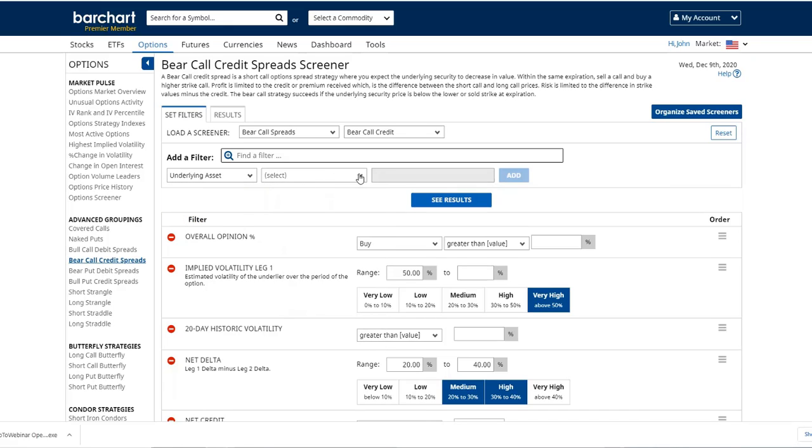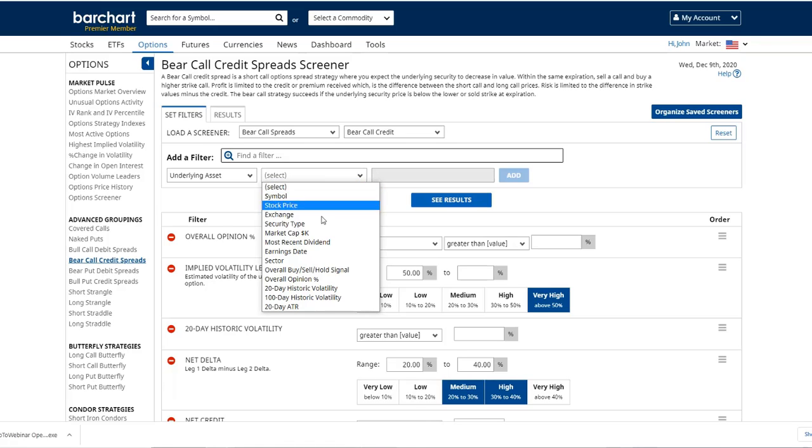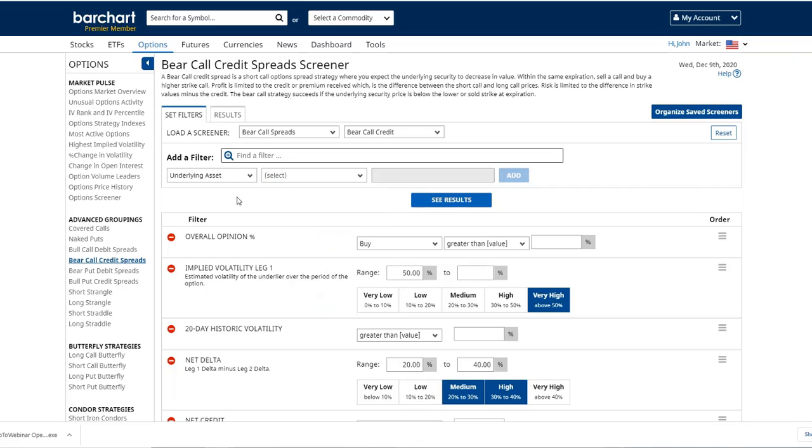You could look at not only technical analysis, but also some fundamentals or earnings dates or what sectors they're in. So there's a lot of material that can help you narrow down our candidates.